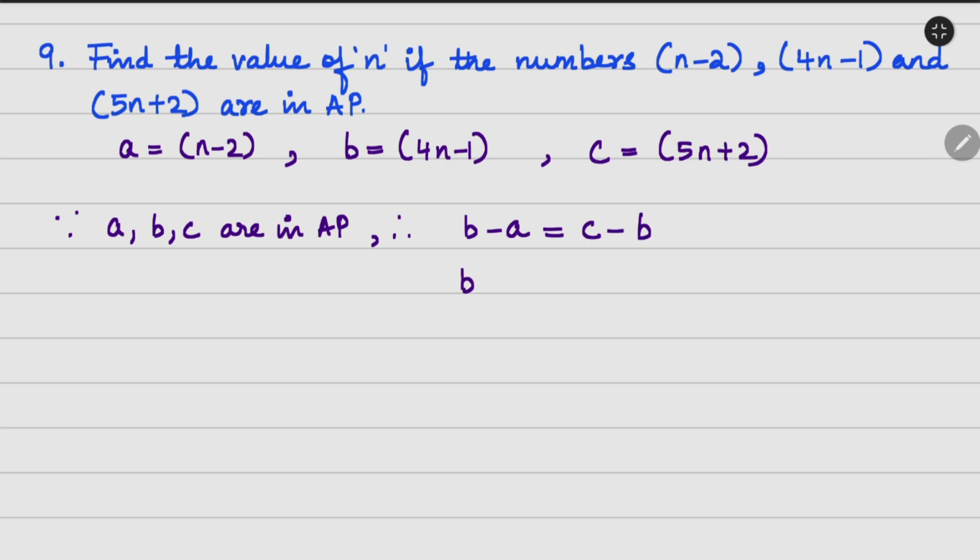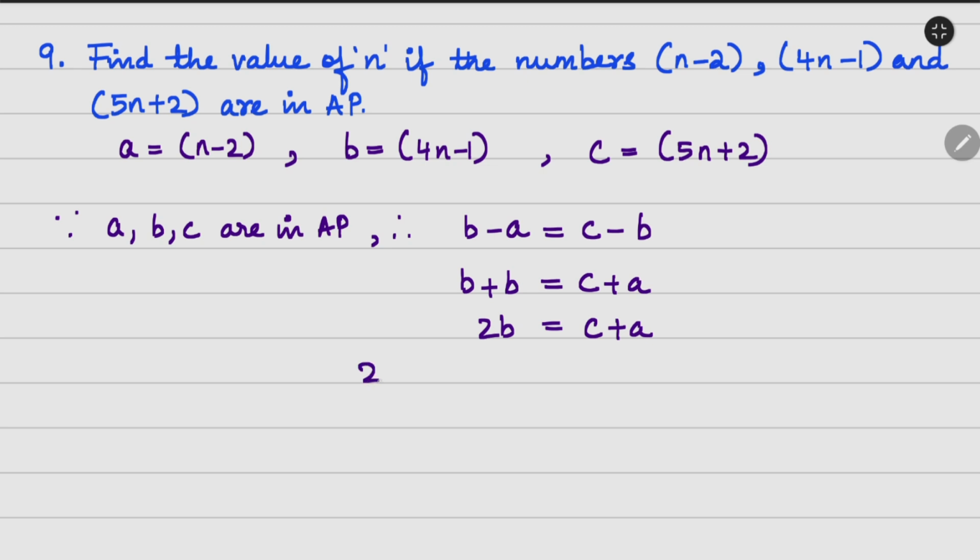So B, okay, I'm writing this B as it is. Minus B will go to the LHS, will become plus B, is equal to C. Again, minus A will come to the RHS, it will become plus A. So 2B is equal to C plus A.